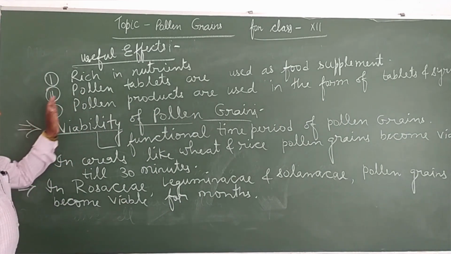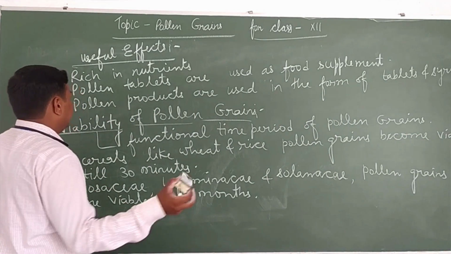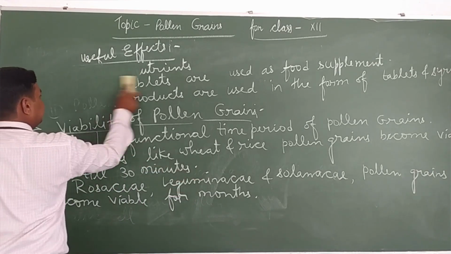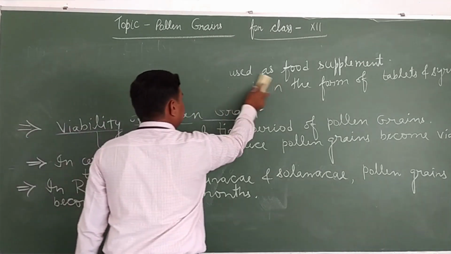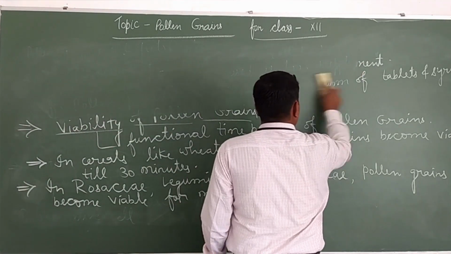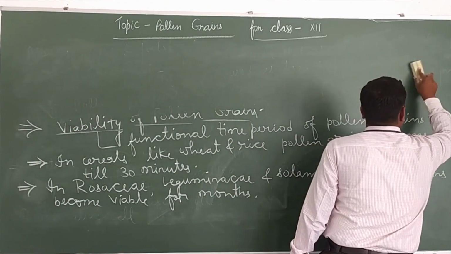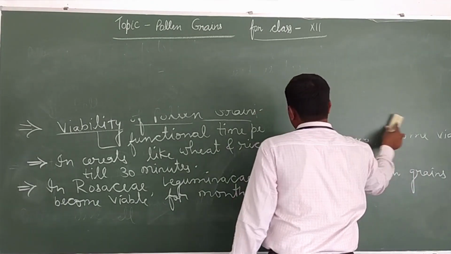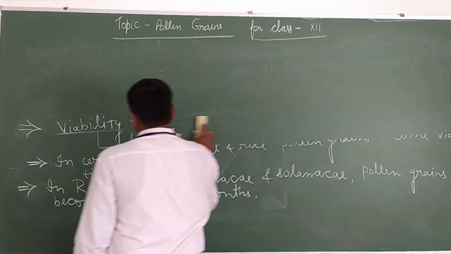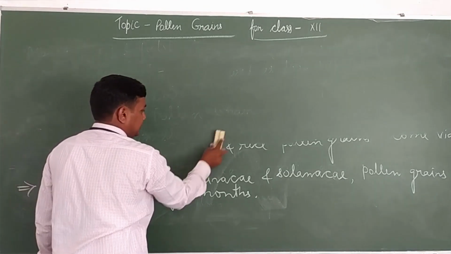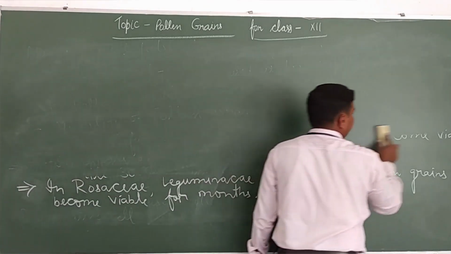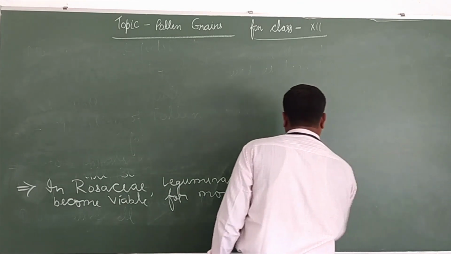So the next topic is the pistil. Pistil is also known as megasporangium, and pistil is the part of the female reproductive organ. Gynecium, as you know, is known as the female reproductive part.